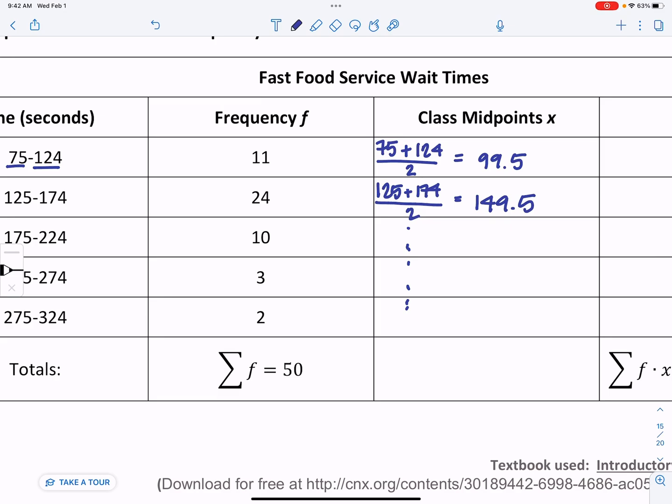Or you could realize that this is 50. So if I add 50 more, I get 199.5, plus 50 more would be 249.5, plus 50 more would be 299.5, and save yourself a little bit of work.